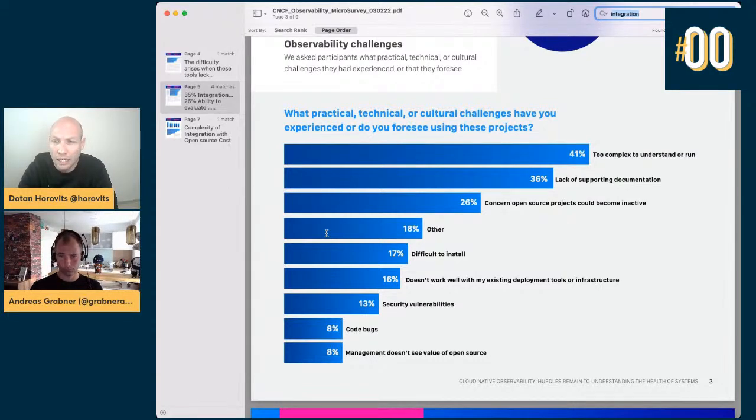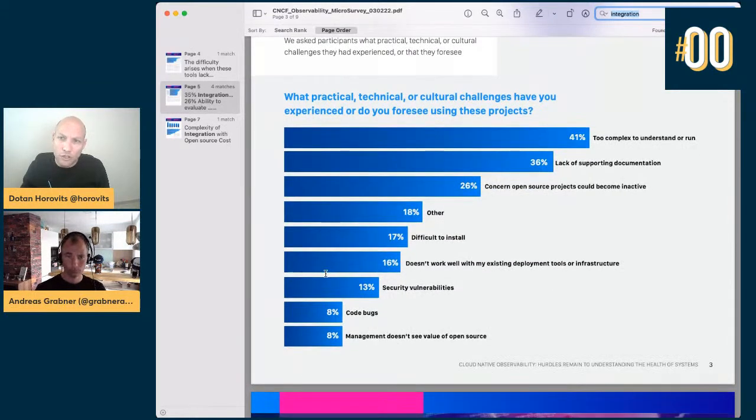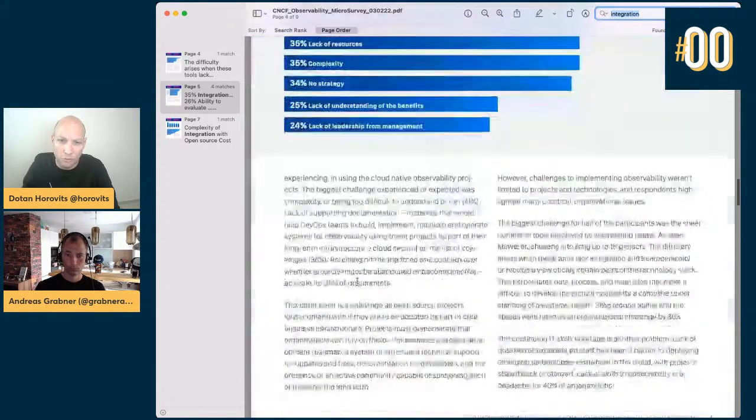I see that with Prometheus and many others. A lot of work is being done to try and make it more accessible. But still, I think this is something that we as a community need to look into. And we see also lack of supporting documentation, which obviously feeds into that complexity and similar related topics.